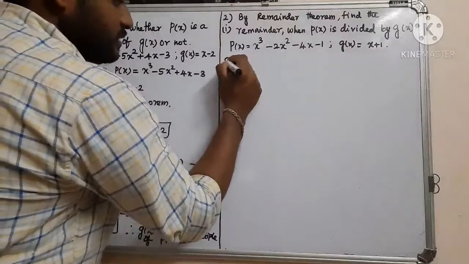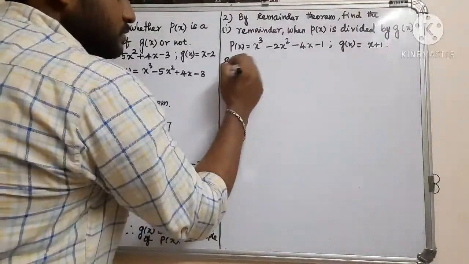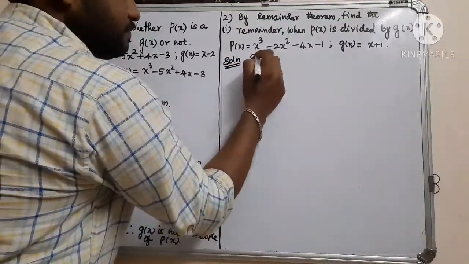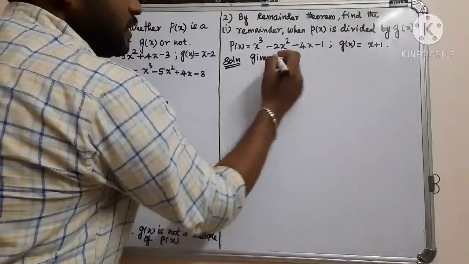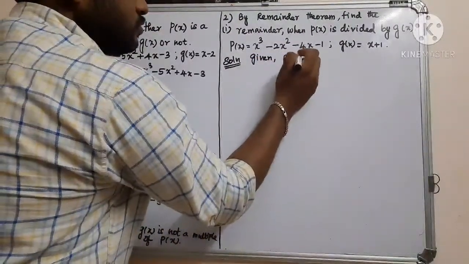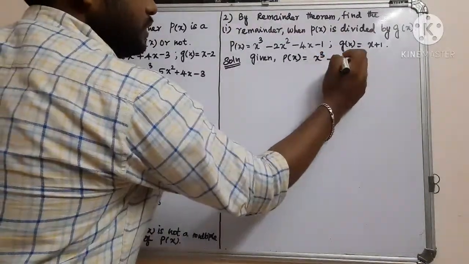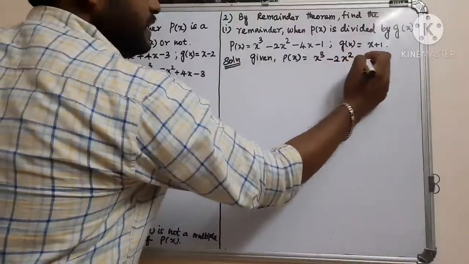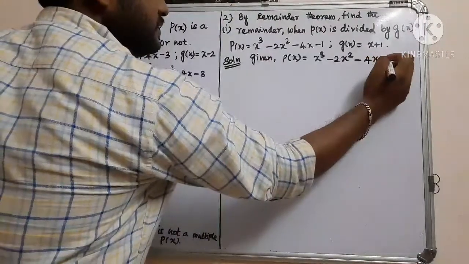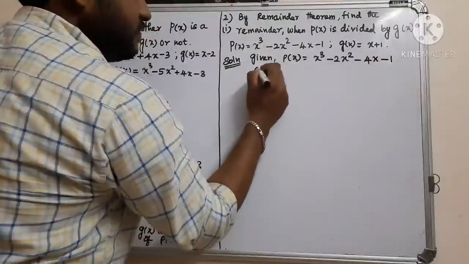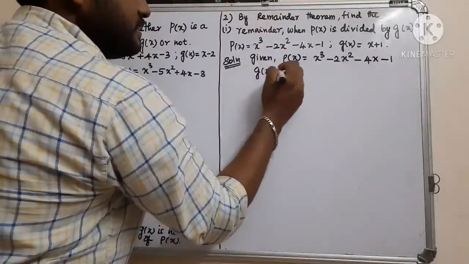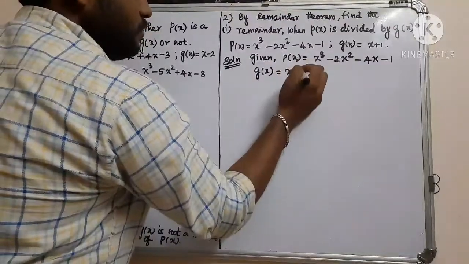So, solution. The given values are p of x equal to x cube minus 2x square minus 4x minus 1, and g of x is given as x plus 1.